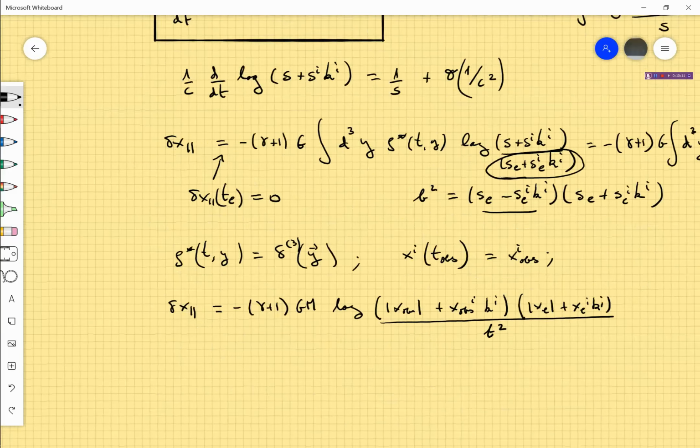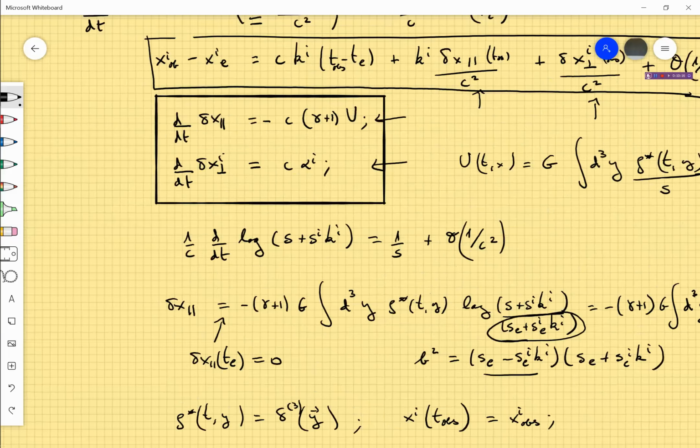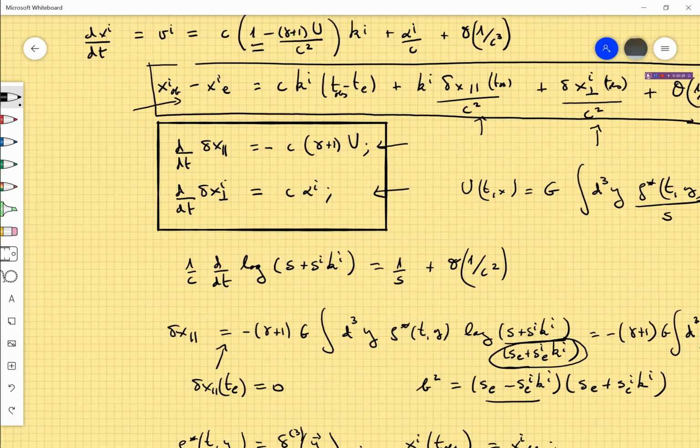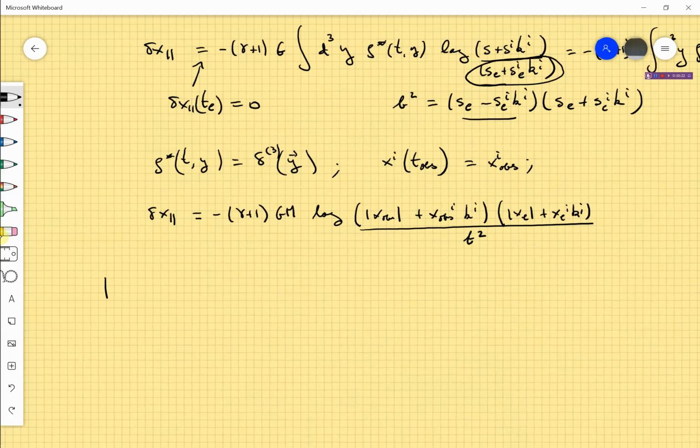Take this expression that I just wrote here, and compute the absolute value of both sides. So you have x observation minus x emission, the absolute value squared, and then you compute that for the right hand side, taking into account that the product of the longitudinal and the transverse terms is by definition 0.